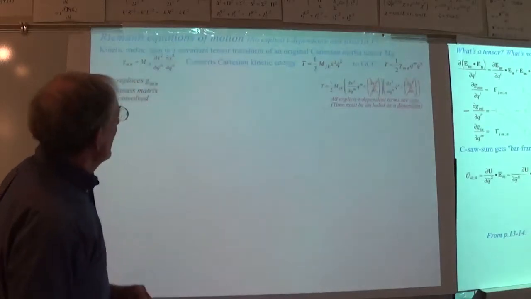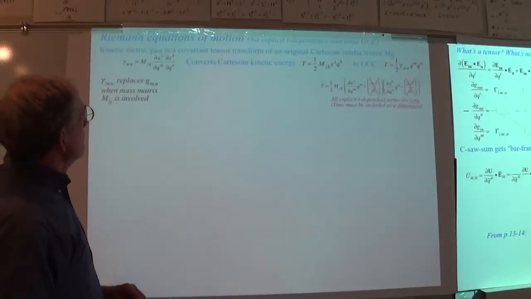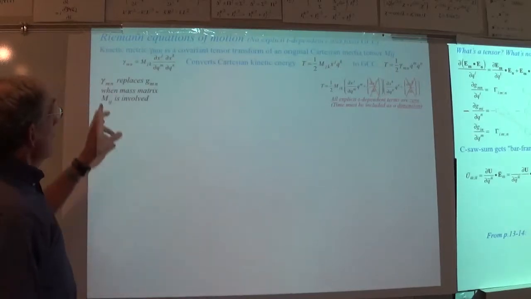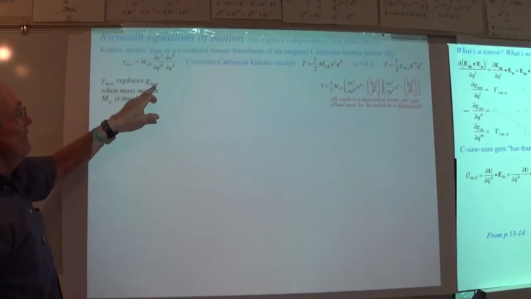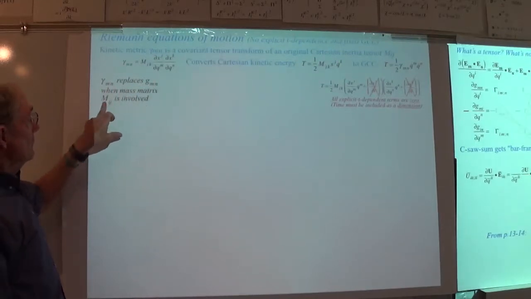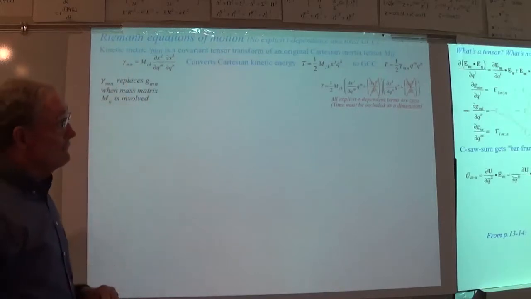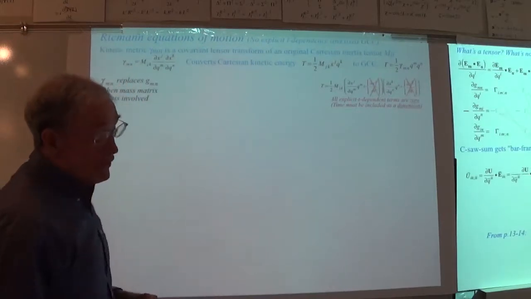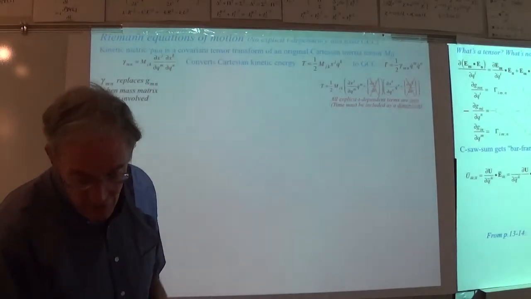I don't know how I missed that when I was reading this thing carefully this morning. Anyway, that's the thing. So this is going to be our metric. This replaces g_mn when the mass matrix m_ij is involved. And that's a transformation. Covariant second-rank tensors are being used there.